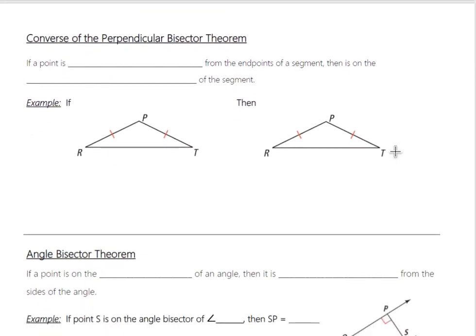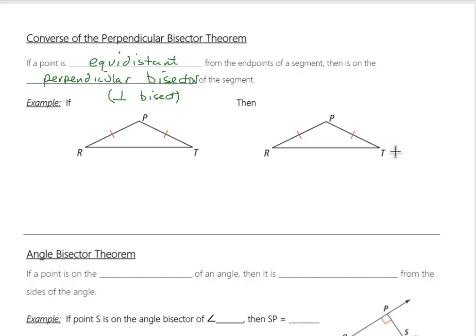Now the converse of the perpendicular bisector theorem: if a point is equidistant from the endpoints, then it is on the perpendicular bisector. A lot of times I'll abbreviate it like that, perpendicular bisector.